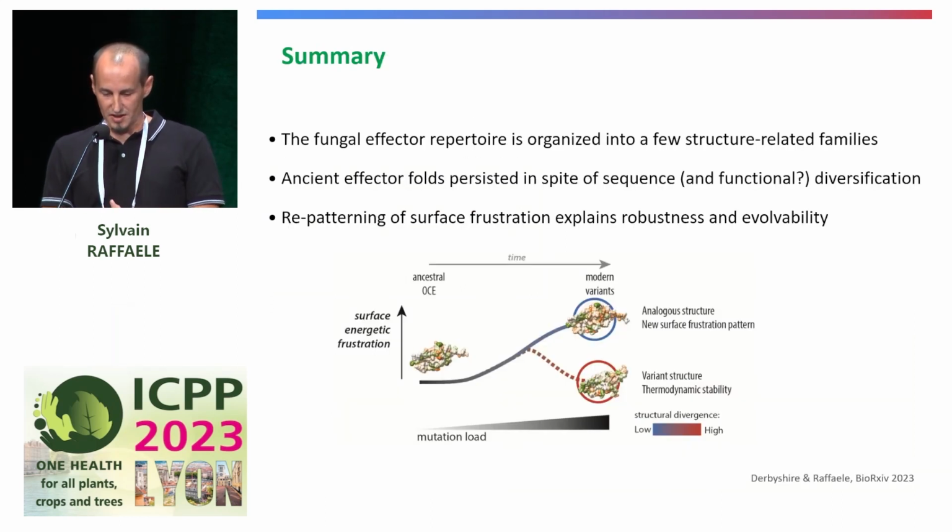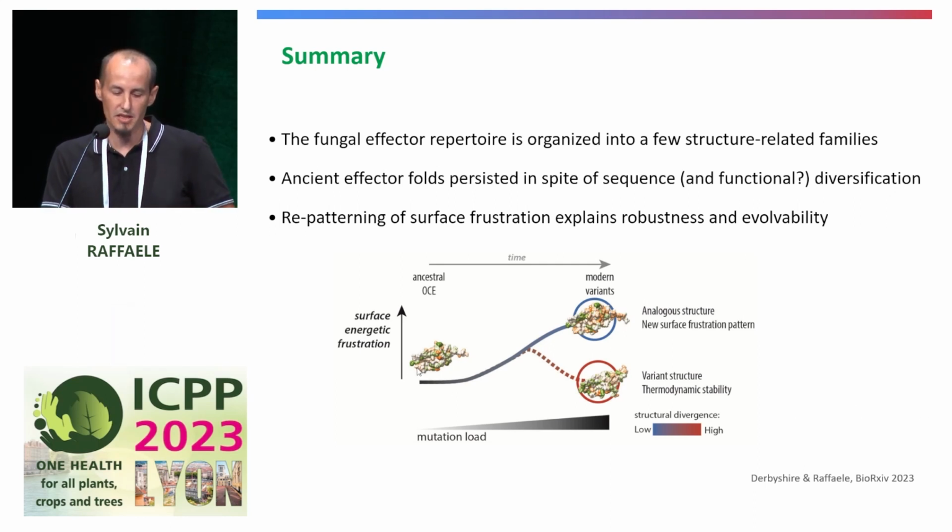So to summarize these insights into the evolution of structurally conserved effectors, I showed you that the effector repertoires of fungi are organized across well-conserved structural families, and just a few of them. But we have ancient folds that persisted in spite of sequence and potentially functional diversification. And the repatterning of frustration at the surface of these proteins can explain part of the robustness and evolvability of this structure.